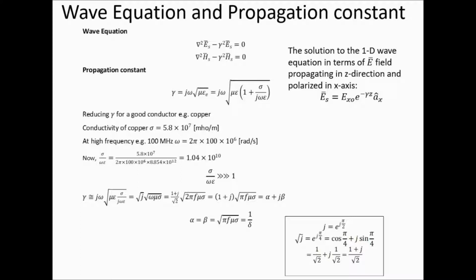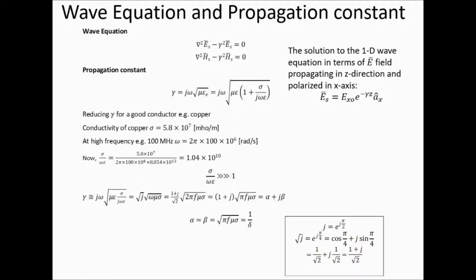If you look at the wave equations here, that is del squared Es minus gamma squared Es equal to 0 in terms of the E field, and in terms of the H field, that will be del squared Hs minus gamma squared Hs equal to 0, where gamma is the propagation constant.